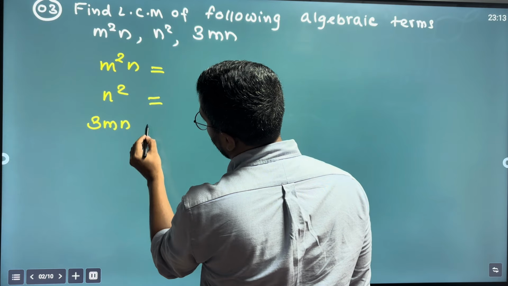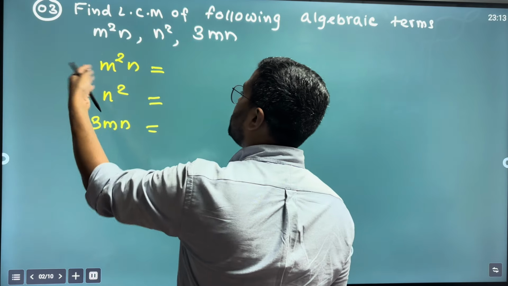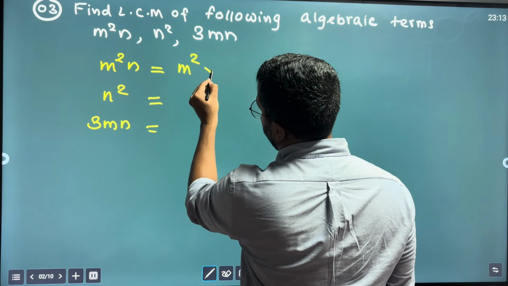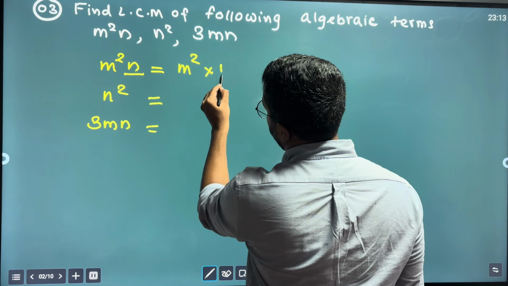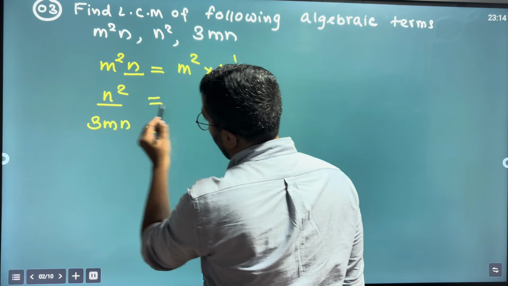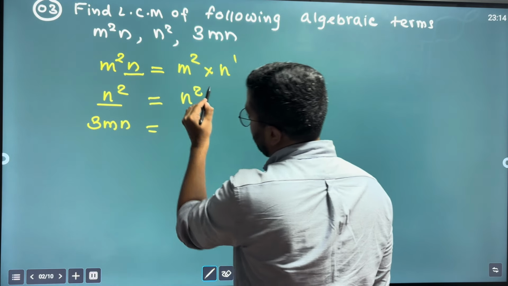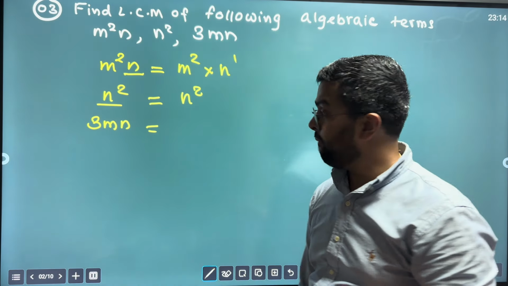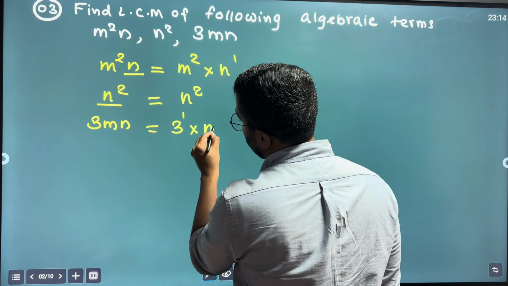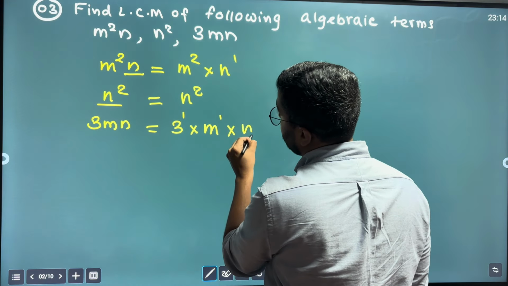So what I'm going to do is separate the algebraic terms. m squared times n, I can write as m squared n to the power 1. n squared, you have to do nothing, just write n to the power 2. The third one is 3 to the power 1, m to the power 1, n to the power 1.